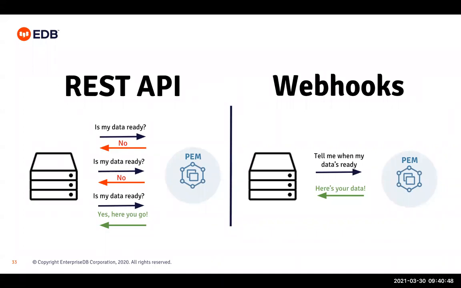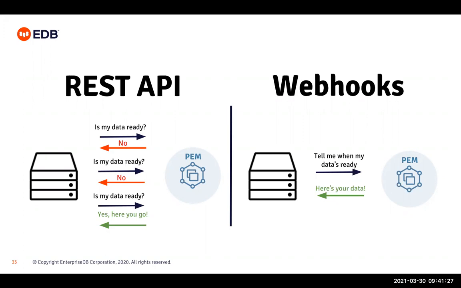So instead of polling PEM for information for alerts and so on continuously, you can actually just set up PEM now to use webhooks and use a REST interface to send alerts to other monitoring tools that support this. A simple example is something like Slack, where you can send all alerts to a specific channel.